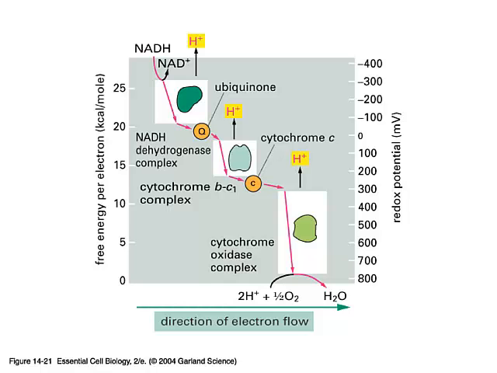So here on this side of the figure is the amount of energy. And each time there's a drop in the amount of energy, that's the amount of energy being released and being used to drive.